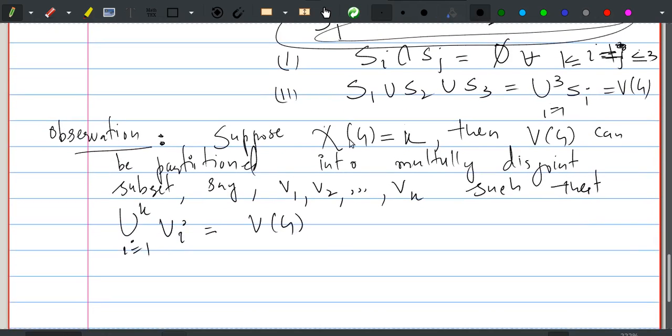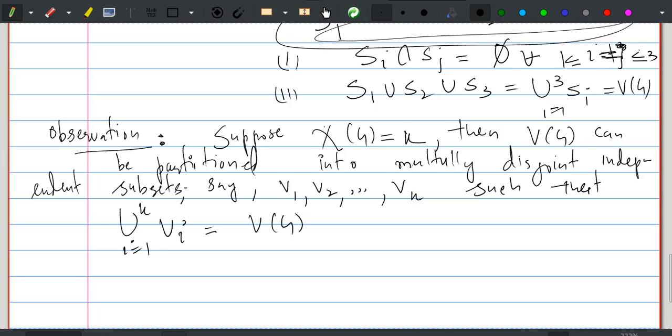So one can add one more term here. V of G can be partitioned into mutually disjoint independent subsets.